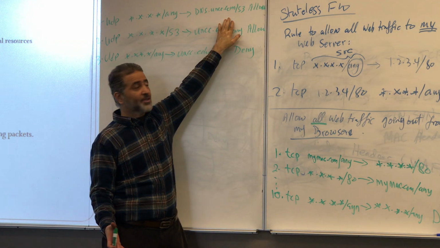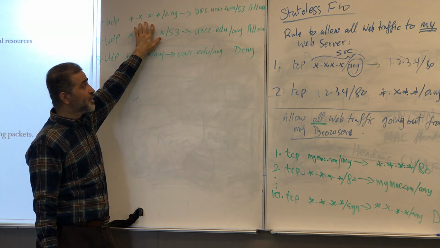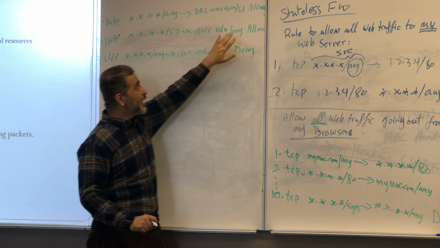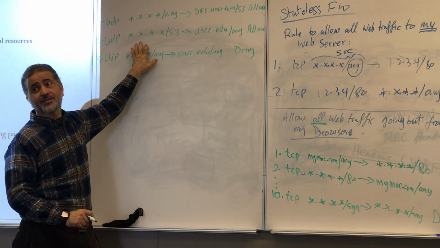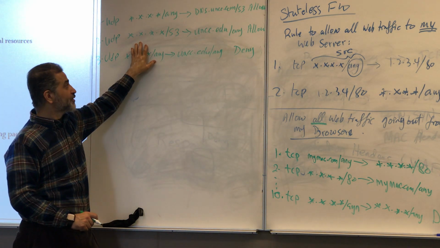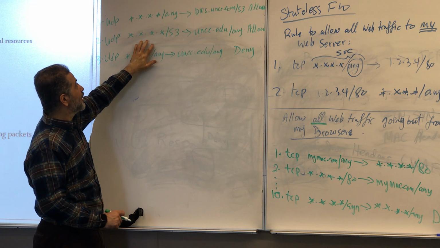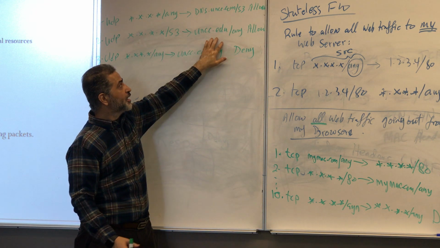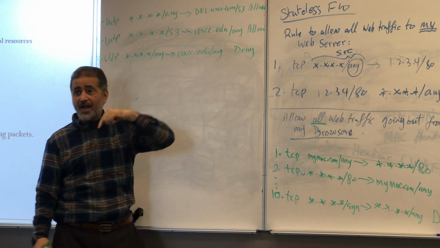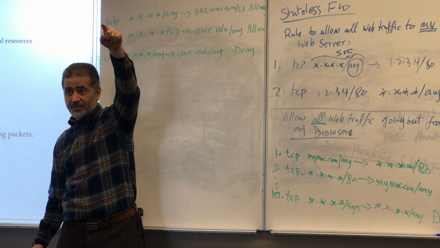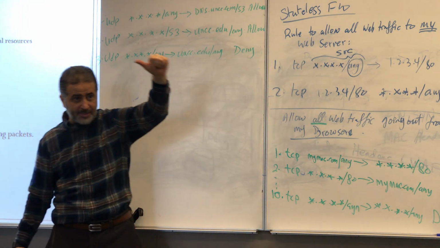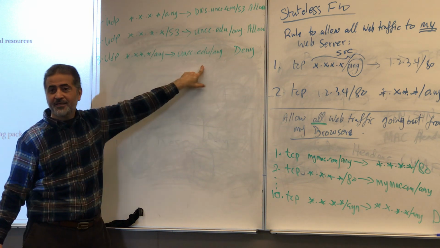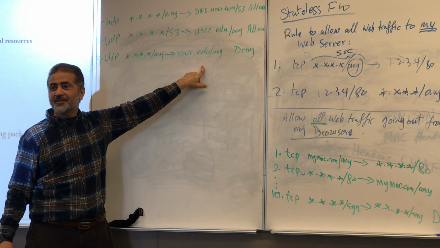So all DNS requests coming to my DNS server in UNC Charlotte, allow it. And allow all the responses from outside DNS servers to my domain. If I talk with the DNS outside, or if someone talks with my DNS inside, both will be allowed. Otherwise, deny.